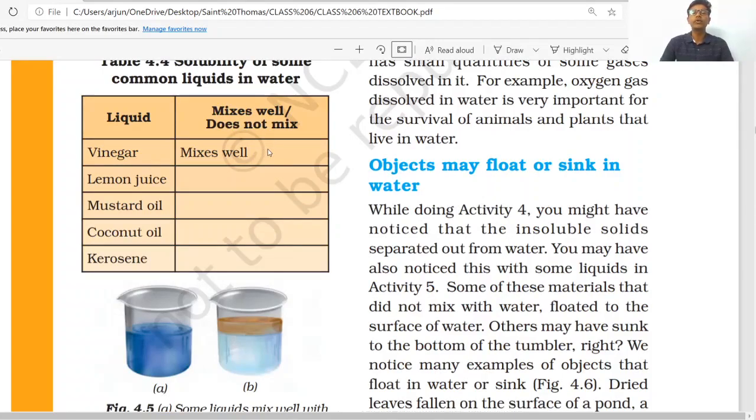There are only two options, either it will mix well or it will not. So this is your activity which you have to do. The answer will be given in the PDF file. So try this: lemon juice, mustard oil, coconut oil and kerosene. Try to add these to the water and see whether it is mixing well or not.